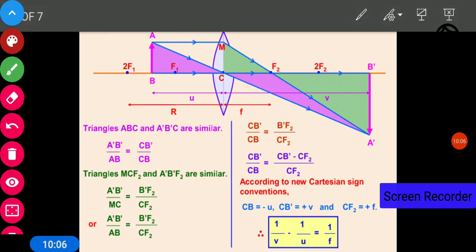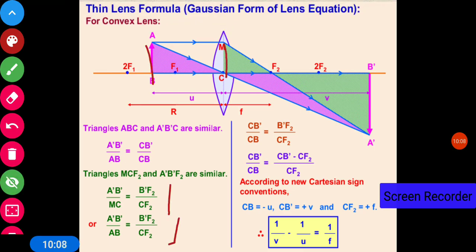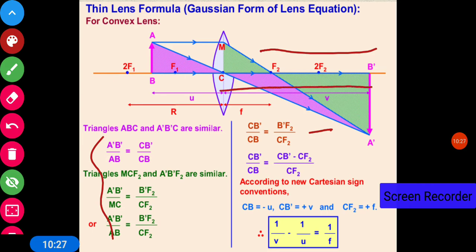Now look at these two equations. The left hand side is the same, so the right hand side will also be the same. So we can say CB dash upon CB is equal to B dash F2 upon CF2. Now this B dash F2 can be written as CB dash minus CF2.